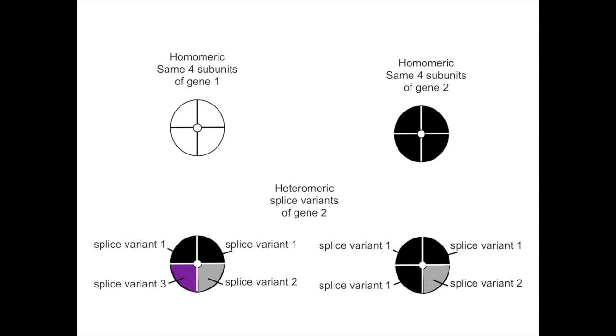The one on the left is composed of 3 splice variants, each indicated by a different color. The one on the right is composed of only 2 splice variants. You can imagine the large number of different potassium channels that could be produced by combining different splice variants generated by a single gene. Each combination of subunit types would produce a potassium channel with unique functional properties.